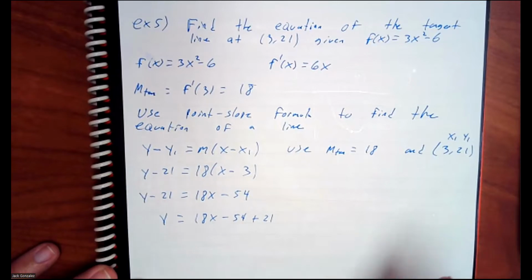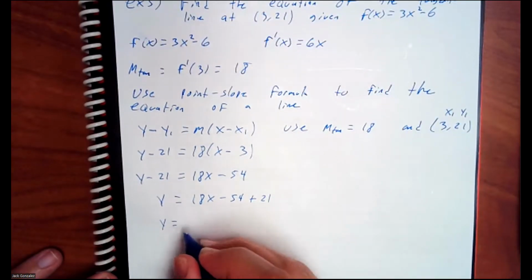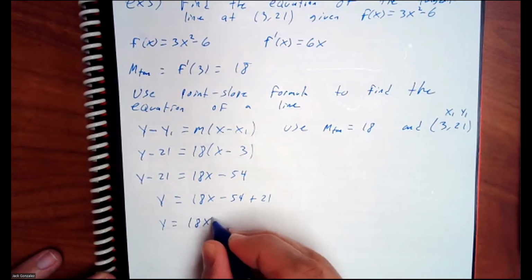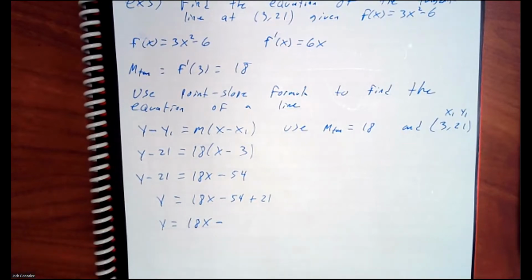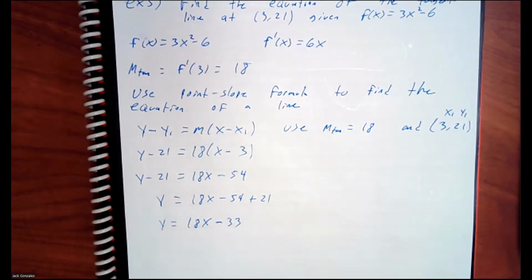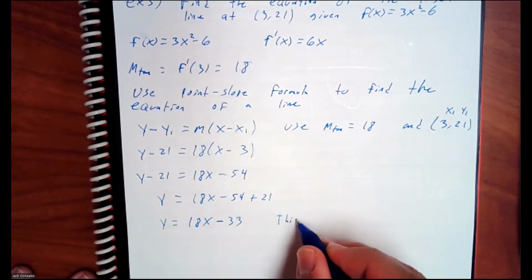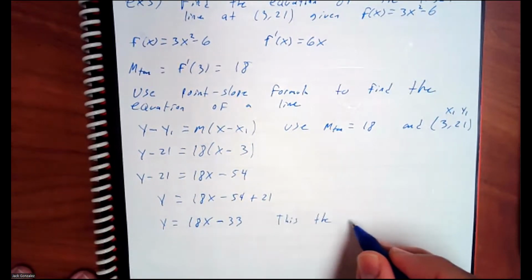What is negative 54 plus 21? Will be negative 33, right? So this is it. This is the tangent line.